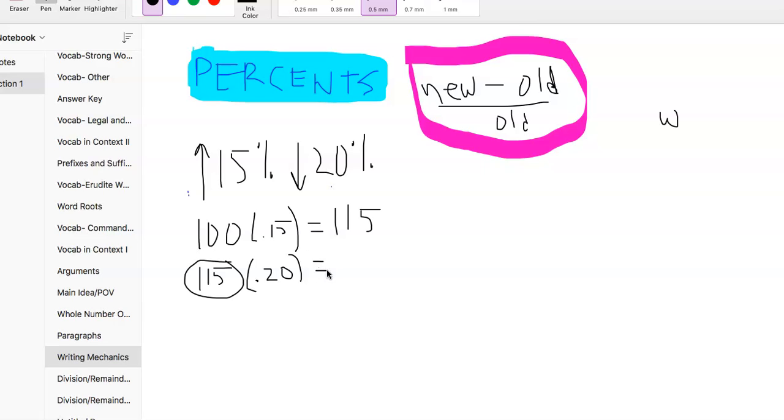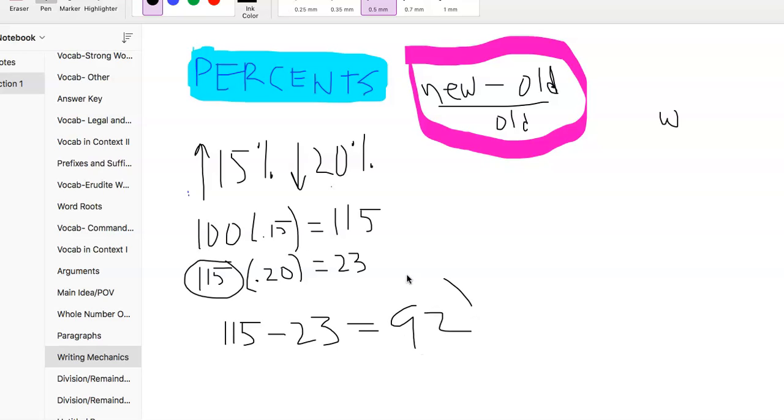But here, 115 times 0.20 is 23. So from 115, which is what we had at the end of the first month, it's going to drop by 23. That's going to give us 92.